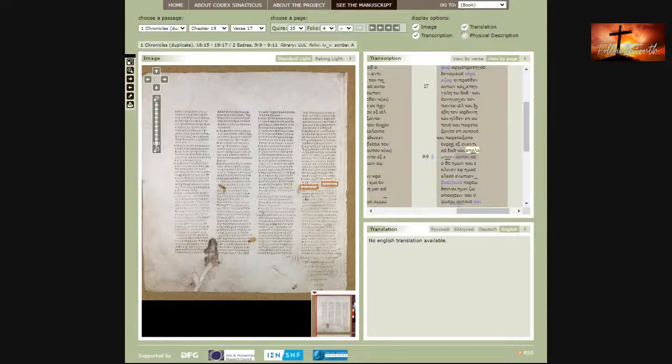He's literally left out 12 chapters of 1 Chronicles, and then jumped 9 chapters of 2nd Ezra. How he made this mistake is unbelievable. But that is what the scribe did.